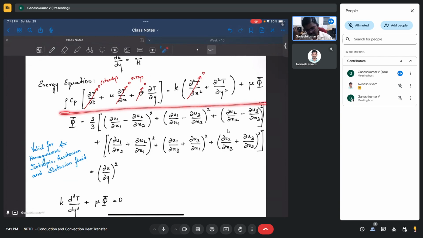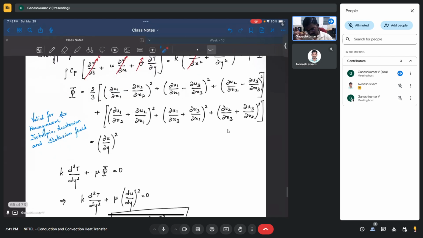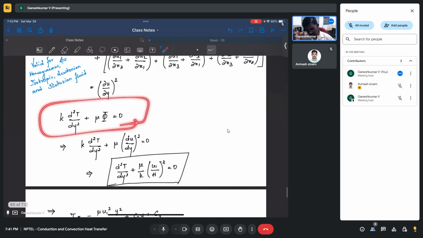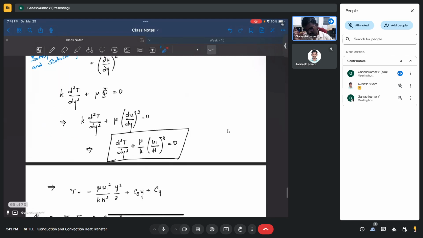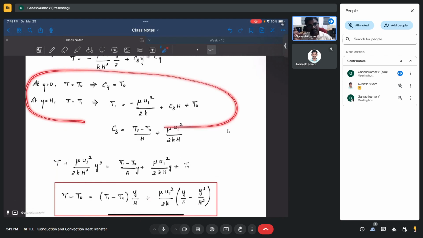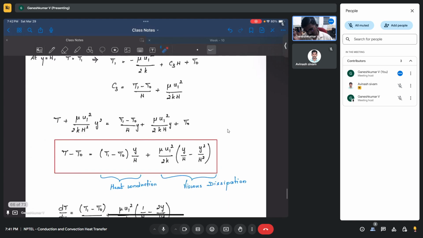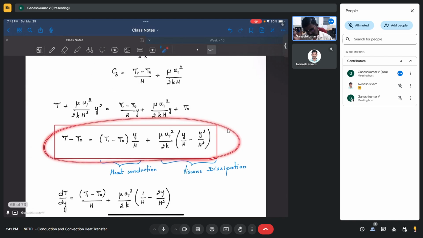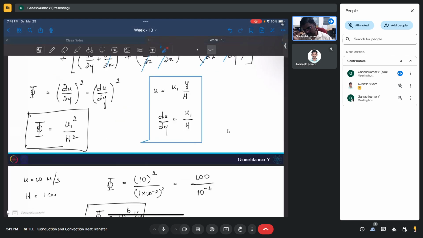This is our full energy equation with the viscous dissipation term, and there is no acceleration term. So this term goes away, only the heat flux term and the viscous dissipation will be together. Once you solve it and apply the boundary conditions T0 and T1, you will end up having this temperature profile. So we will take it from the class.